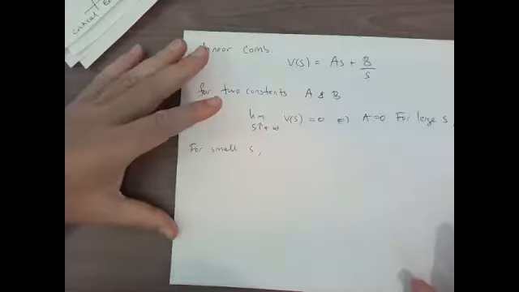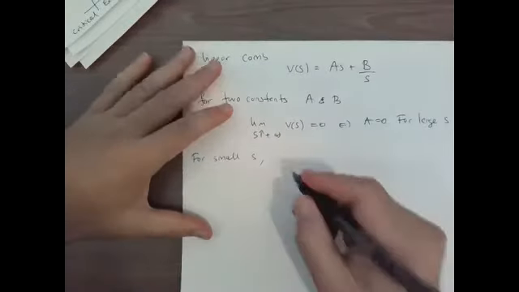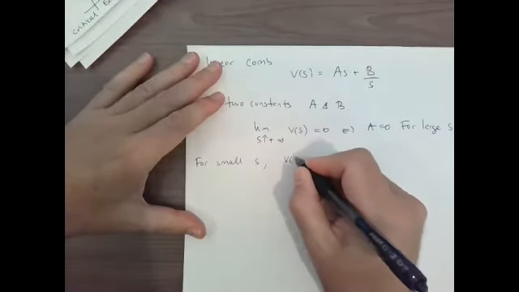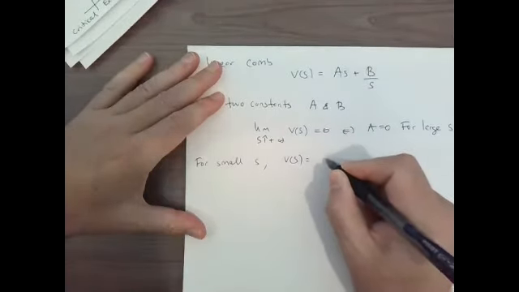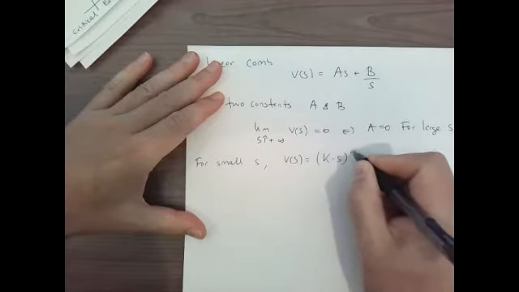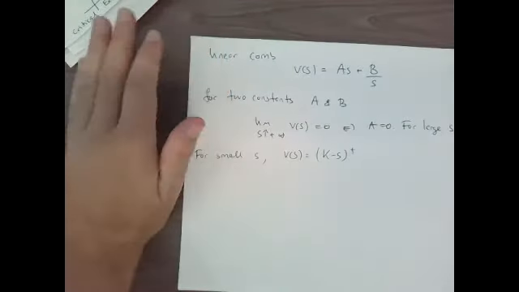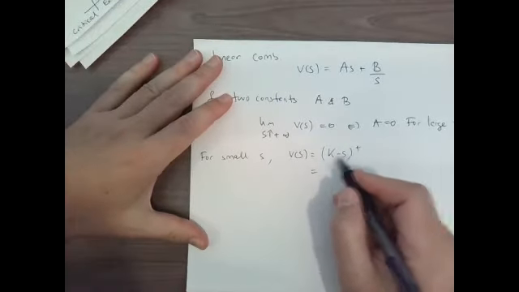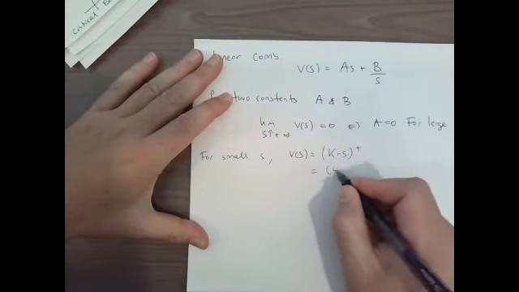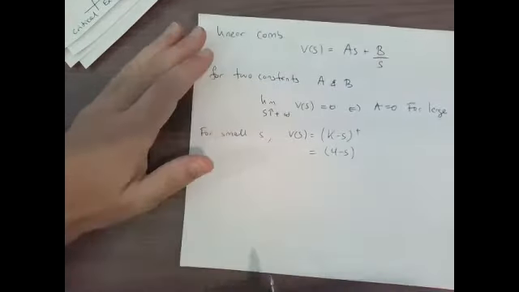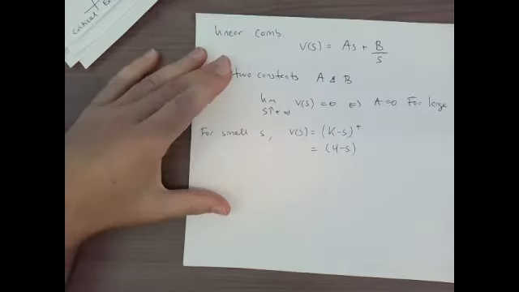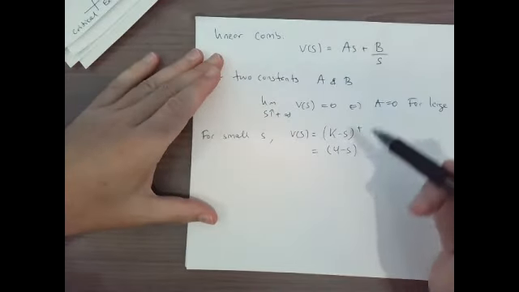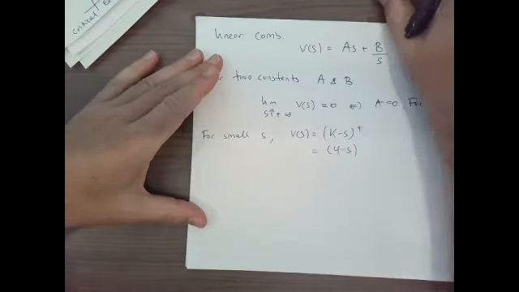For small values, it's just going to be this straight line. So for small s, V of s is going to be this (K minus s) positive part. And for small values, s is definitely going to be less than the 4, so this will be 4 minus s. So I know what it looks like for big values, and I know what it looks like for small values.